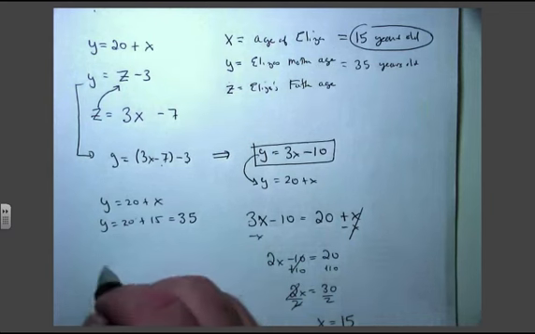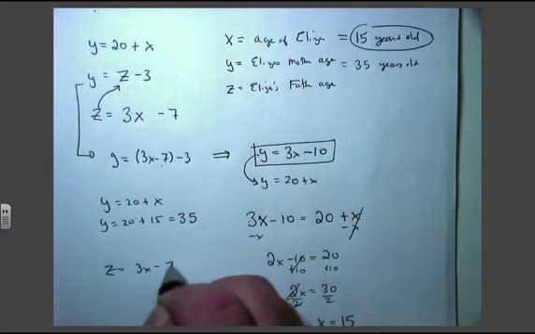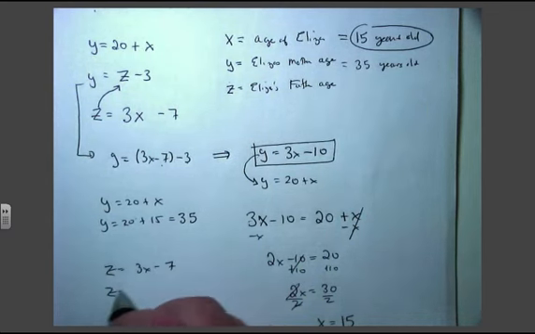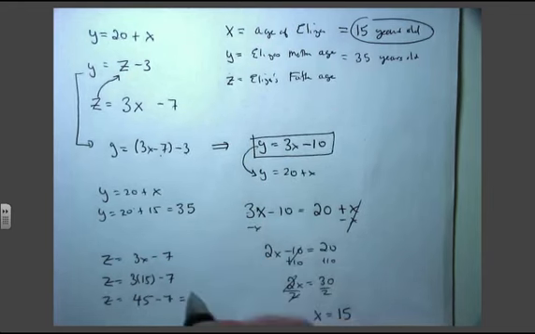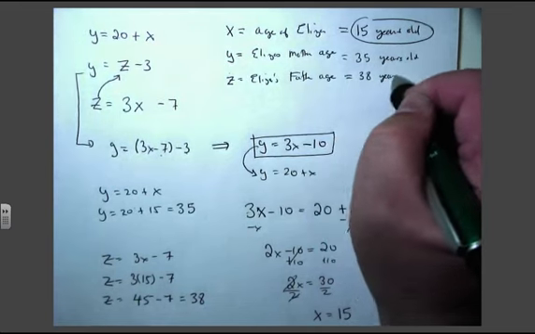And then z is equal to 3x minus 7. So z is 3 times 15 minus 7. 3 times 15 is 45, minus 7 is 38. So Eliza's father's age is 38 years old.